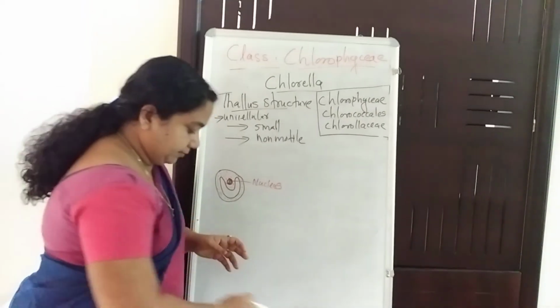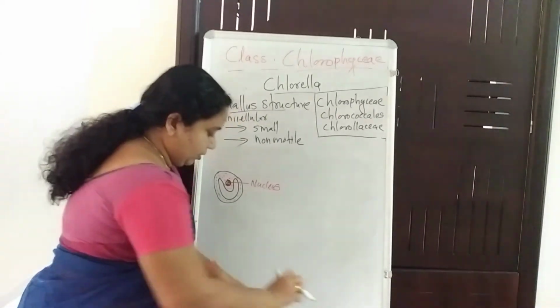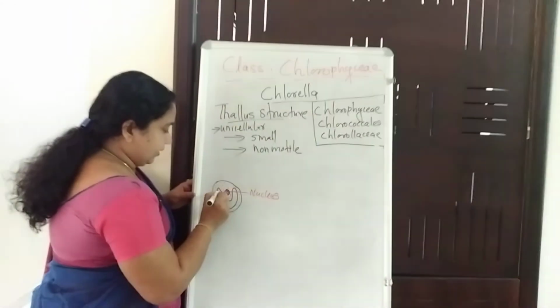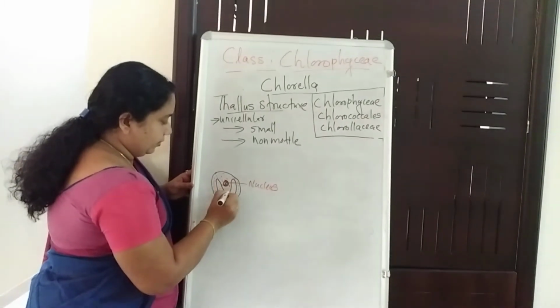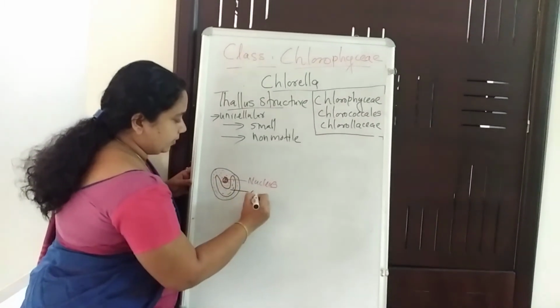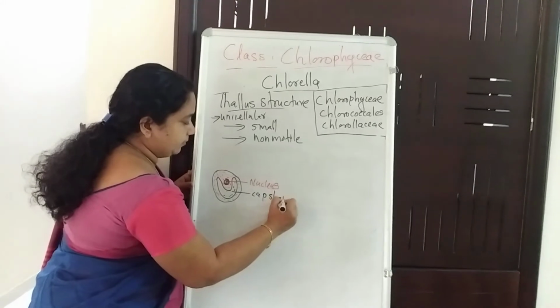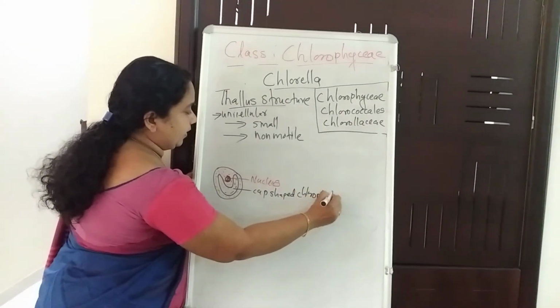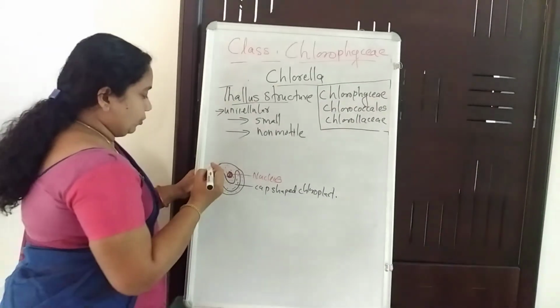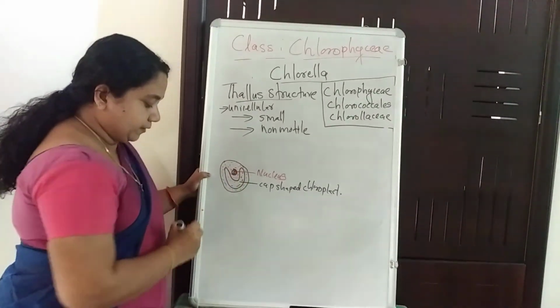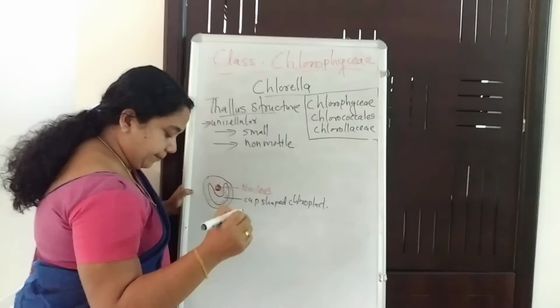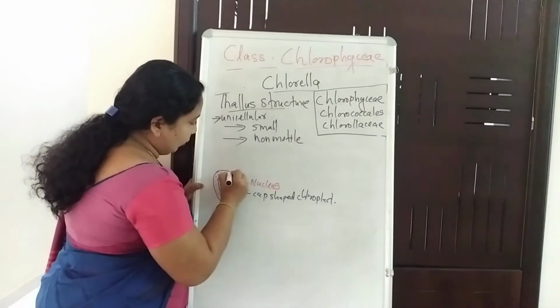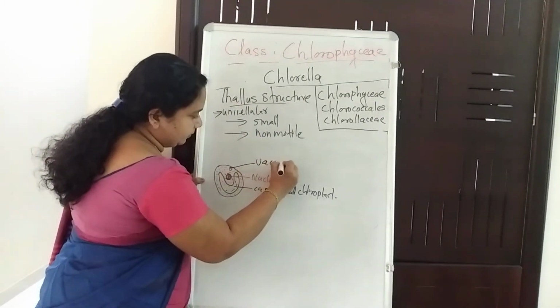Cytoplasm can be seen. So this is the cup-shaped chloroplast we can notice, and also at certain times there will be the presence of a vacuole.